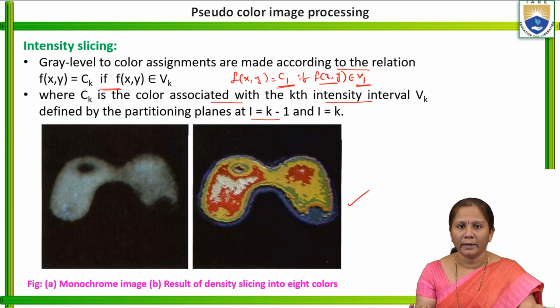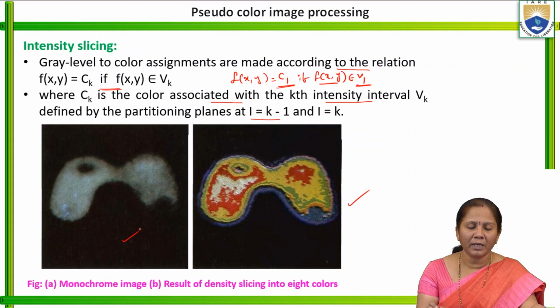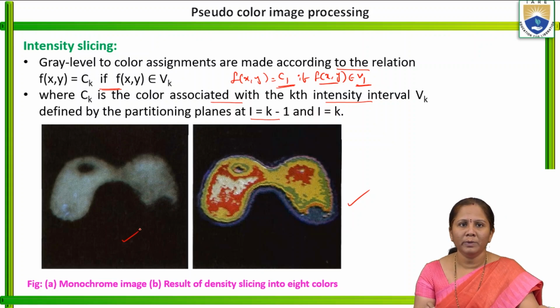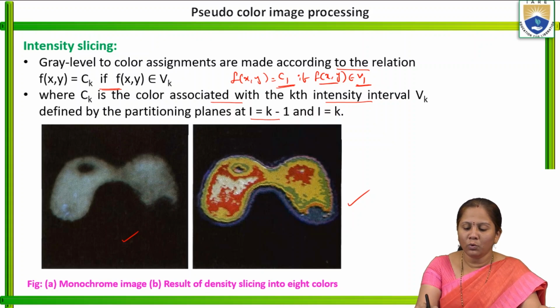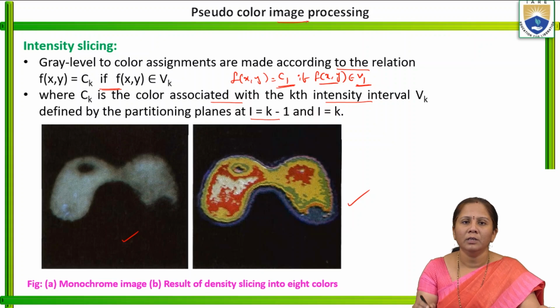In the monochrome image, the information cannot be observed clearly. If we use pseudo color image processing, it allots false colors for each region so the image can be clearly identified.